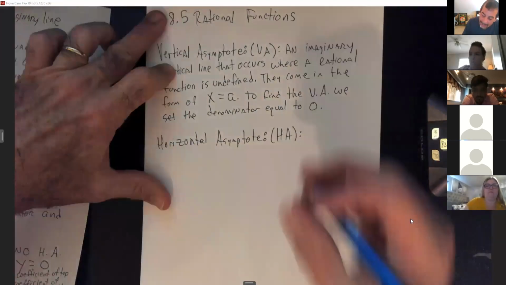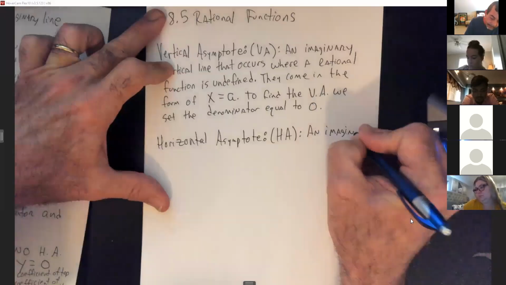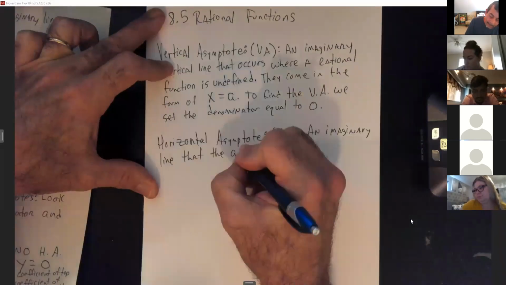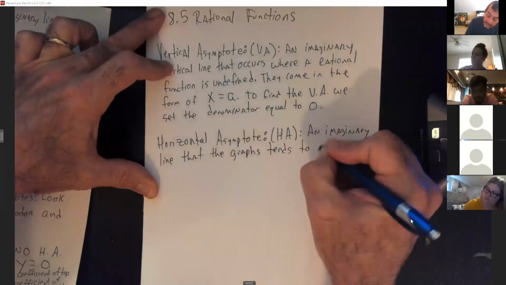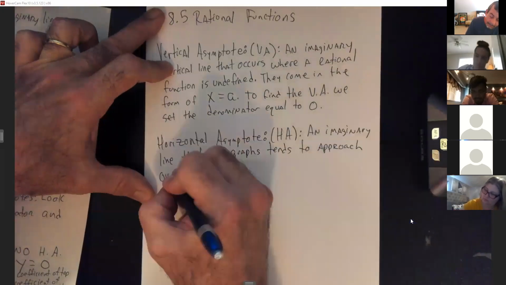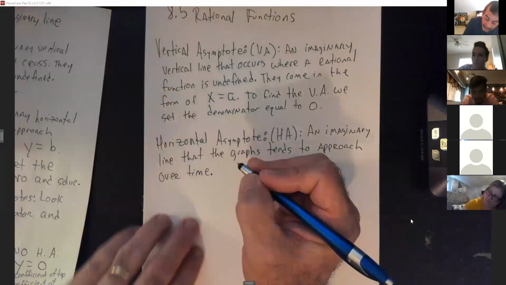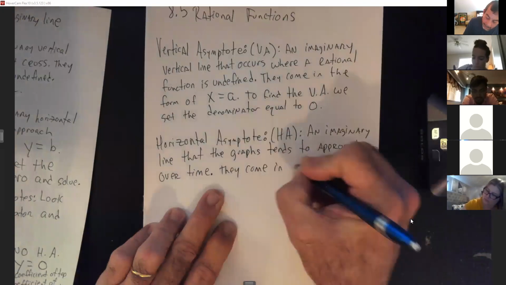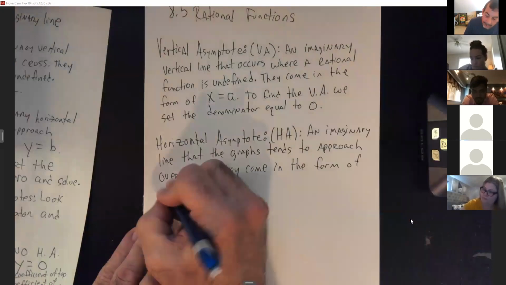It's an imaginary line that the graph tends to approach over time. Okay, and they come in the form of y equals some number.